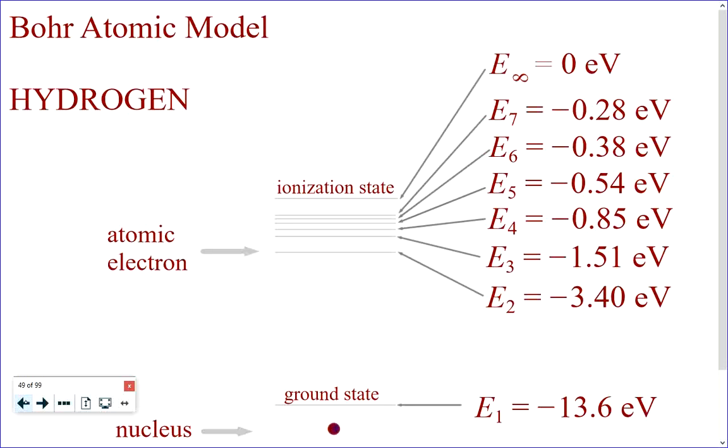I want us just to do one thing before we finish this lesson off and do calculations. Look at the front side of the sheet and pick any 2 of those energy levels, and take the one that's above minus the one that's below. You all might have different numbers, right?